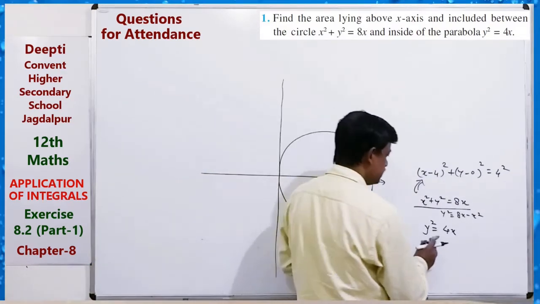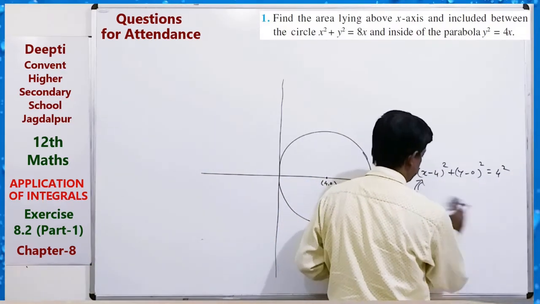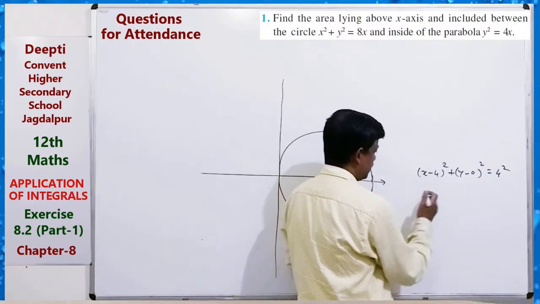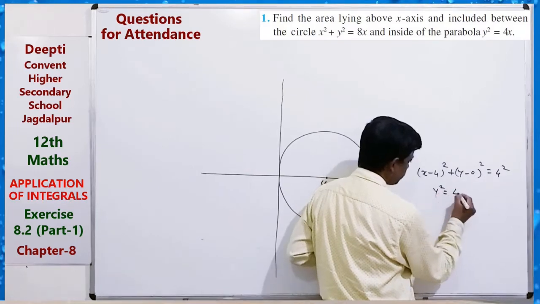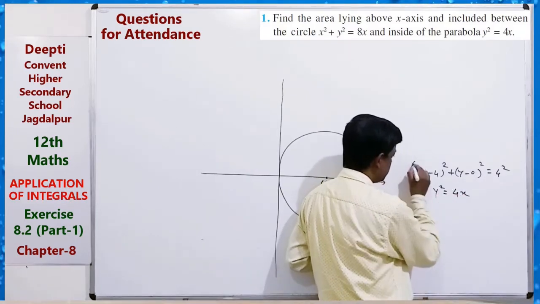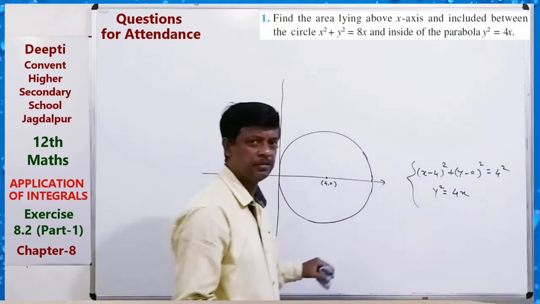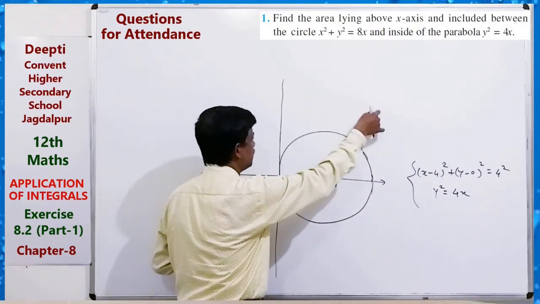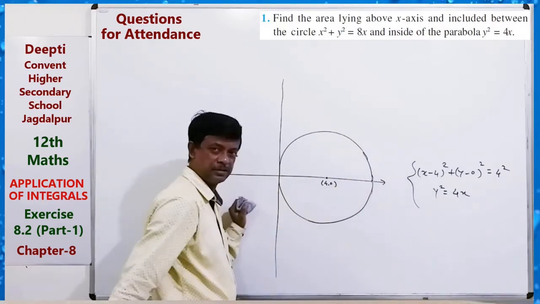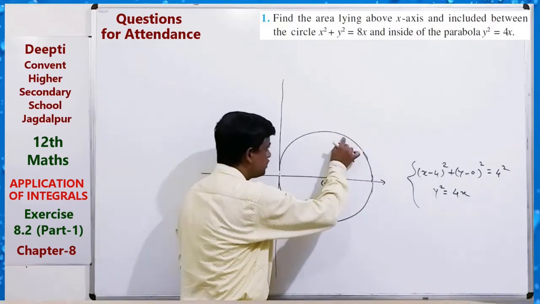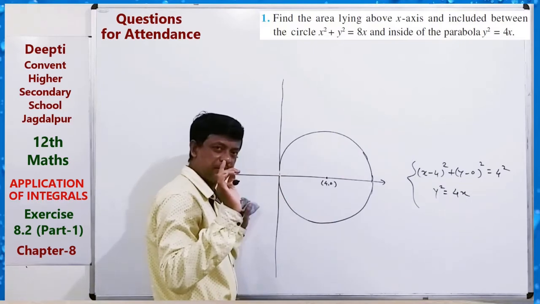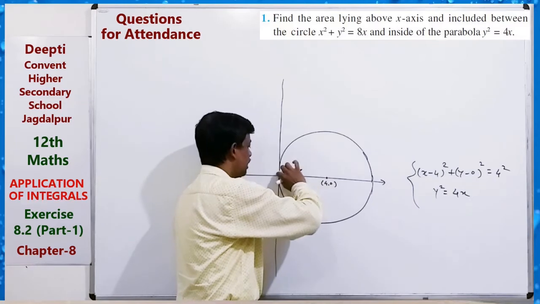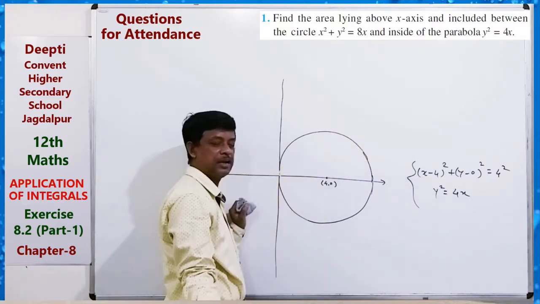And also we can see the intersection points of these two curves. Here y square equals 4x. Whether we have to draw like this or this: drawing this means the parabola intersects the circle at 2 points, here and here; this means only at a single point.